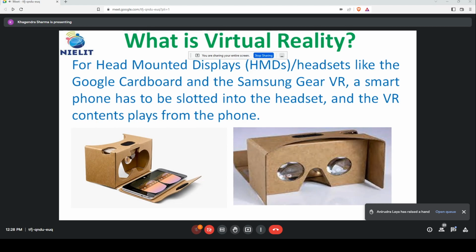Using that same concept, the HMDs have been created. There are two lenses, one for each eye, so that one eye sees one image and the other eye sees another image, but taken together, it is a 3D, immersive, or stereoscopic image. That is the simplest way in which we can experience virtual reality, using Google Cardboards and putting mobile phones into the available slots.